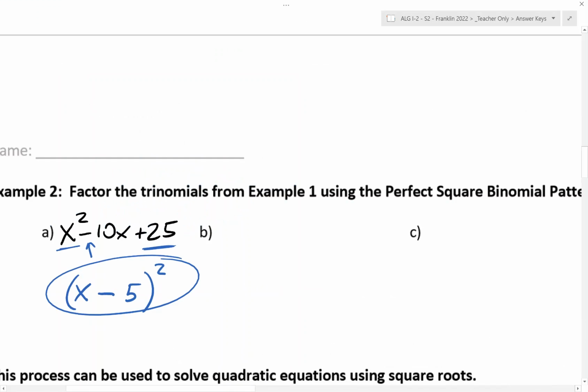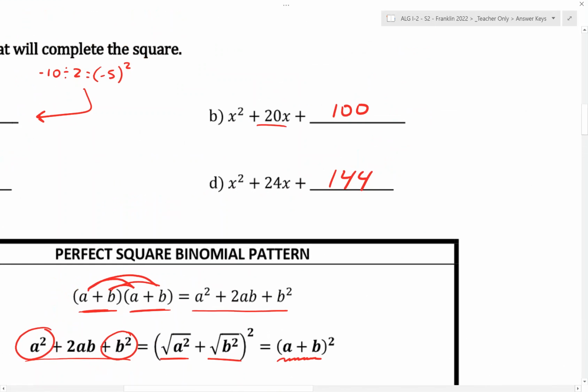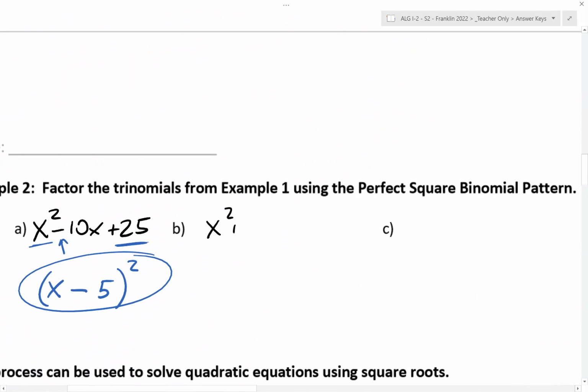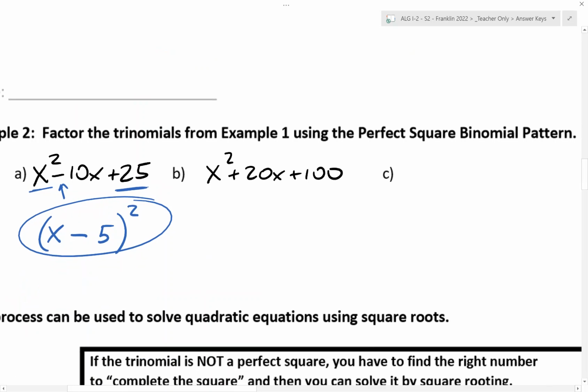Let's look at example B, which was x squared plus 20x plus 100. So our first part of our binomial is x, the square root of x squared. We have a positive on 2ab, so plus the square root of 100 is 10, and there's our factored form.